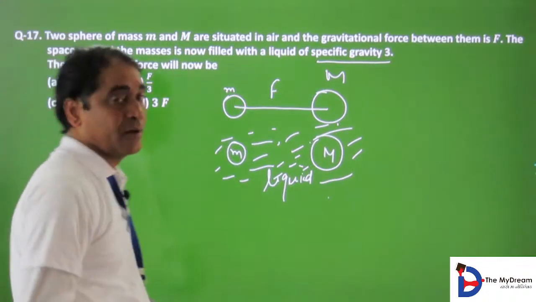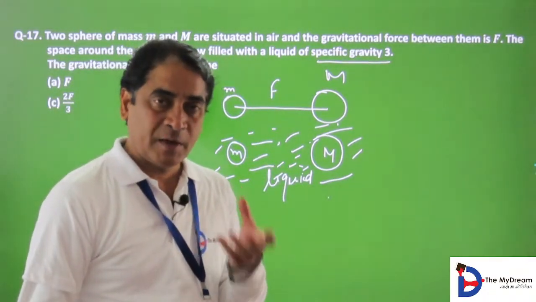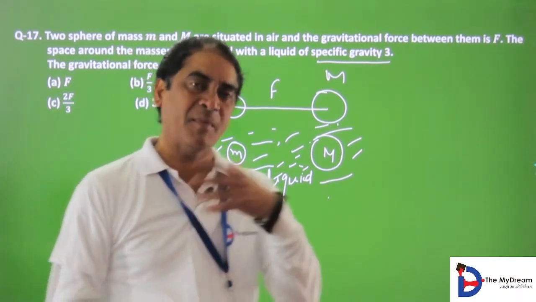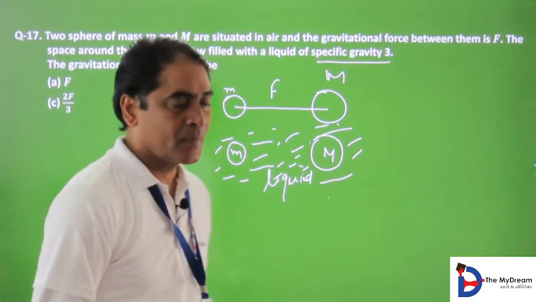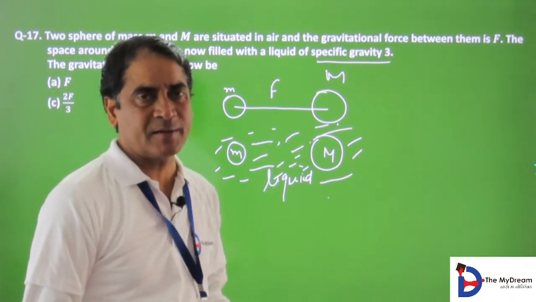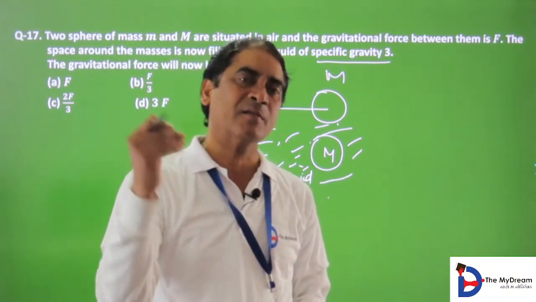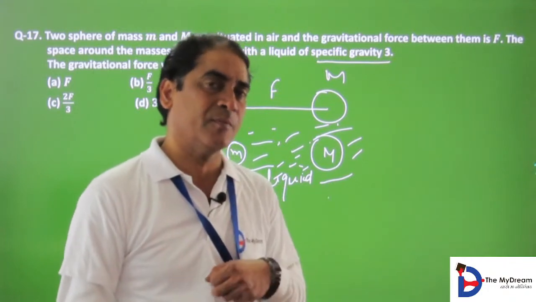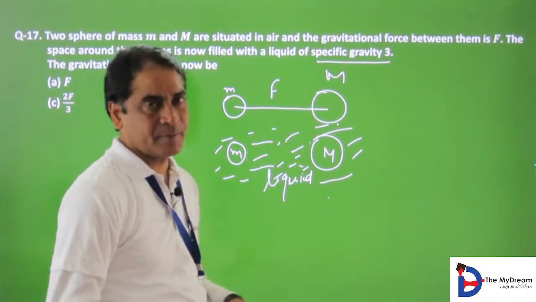Now the gravitational force will become, there is the presence of two spheres, one of them having the mass small m, another one having the mass capital M. They are kept in air, and the magnitude of the gravitational force is capital F. Now these two spheres are placed in a liquid whose specific gravity is 3.